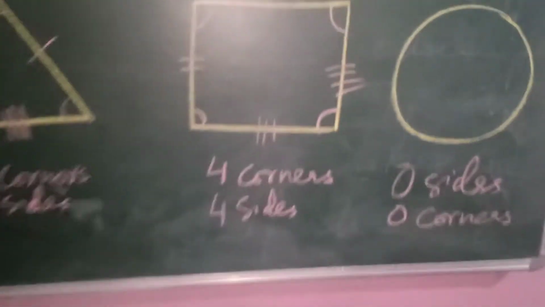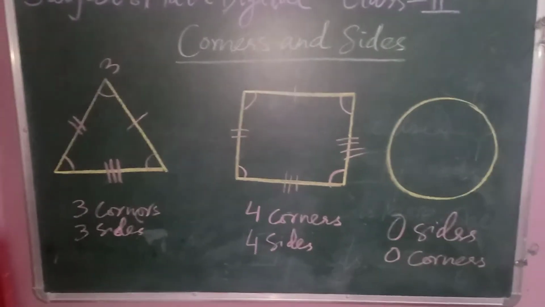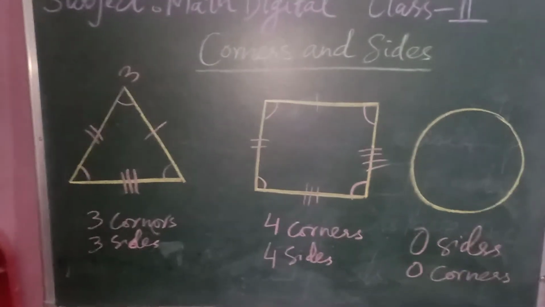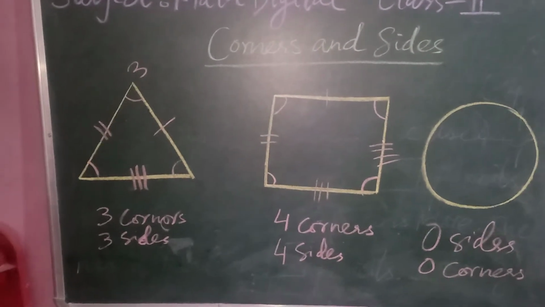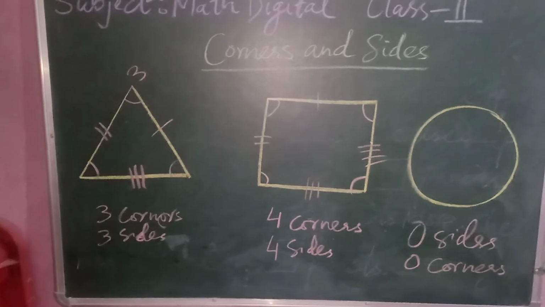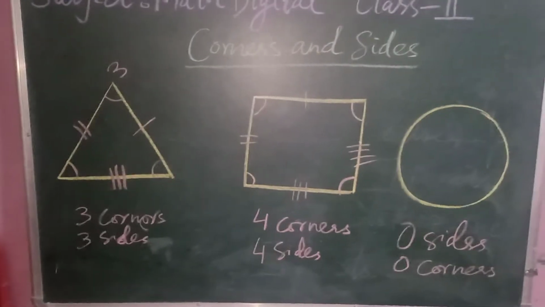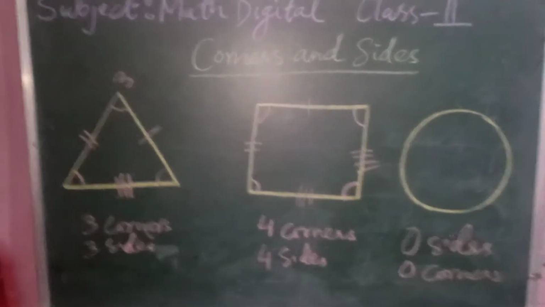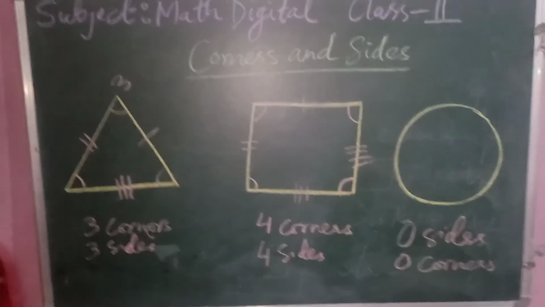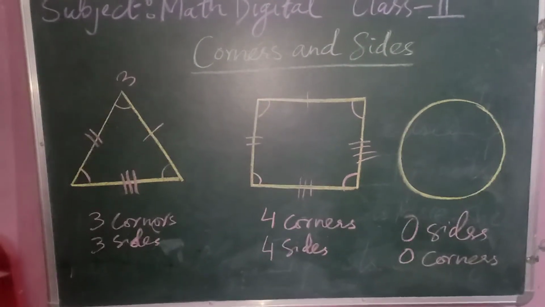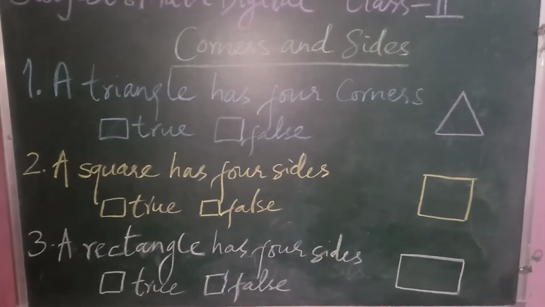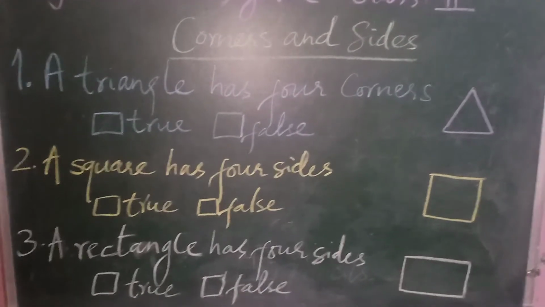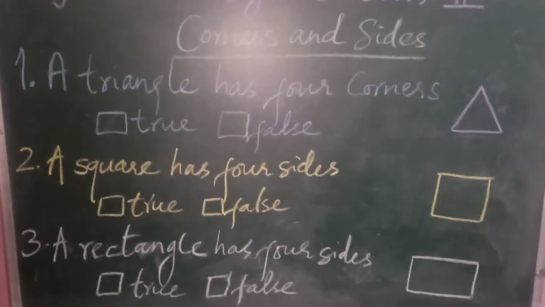Okay, so let's solve some questions related to that. Question number 1: a triangle has 4 corners.